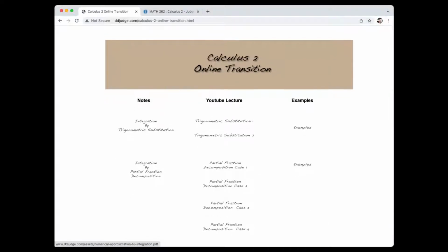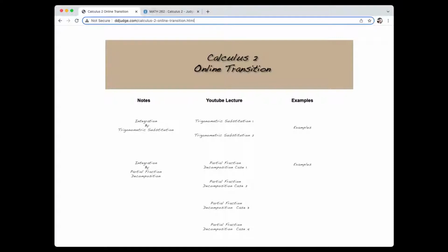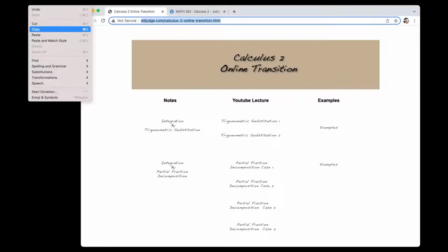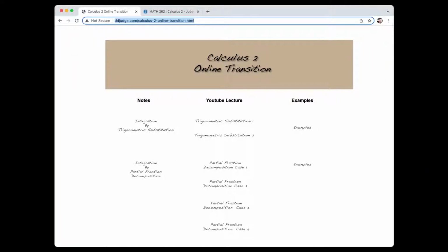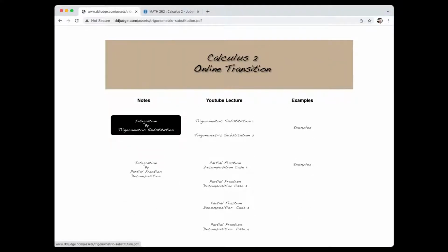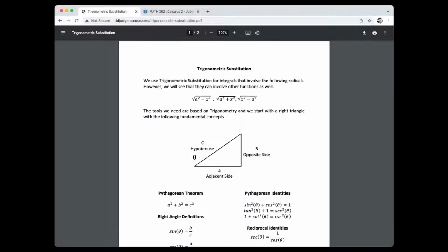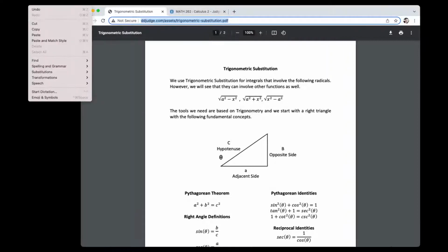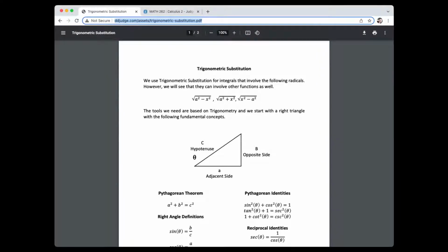So you can see this is where I have this online transition. I'll put this in the comment section, so you might want to refer to that because I'll be going through that here too. I'm also going to put here the integration by substitution, which is what we're looking at today.